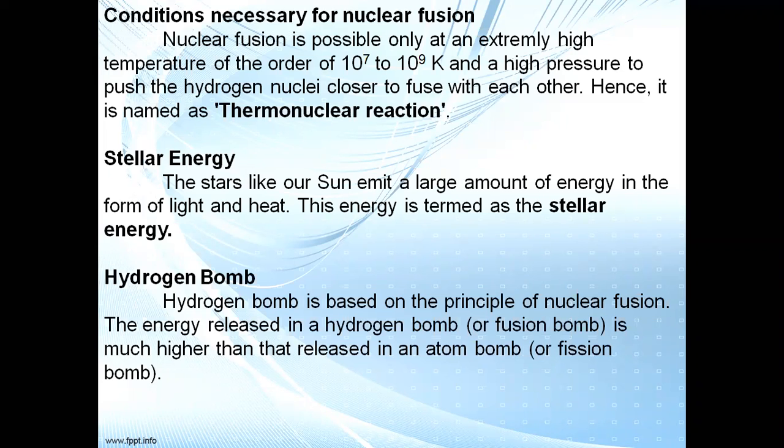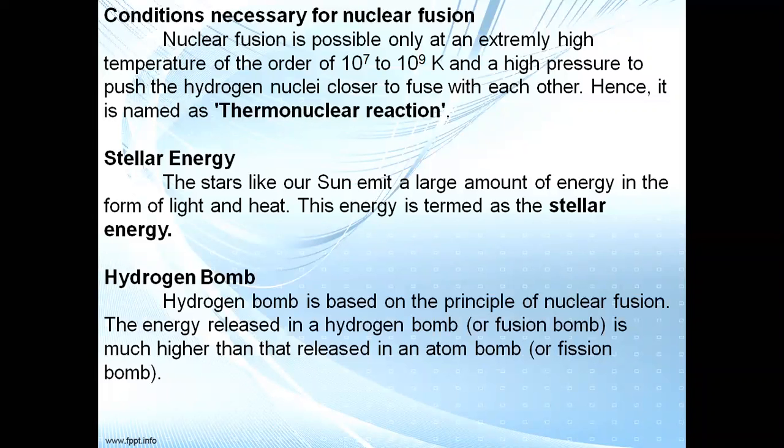The stars contain hydrogen gas. How does the sun have heat and light energy? The outer surface of the stars is very hot.